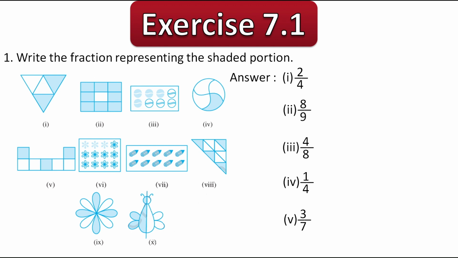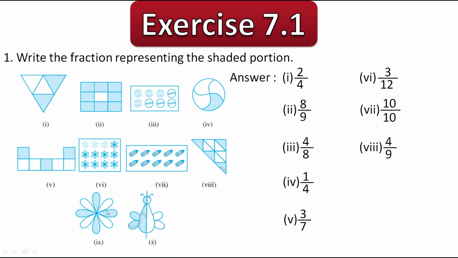So we have to write a fraction as 3 upon 12. Okay, now here there are pencils, and all the pencils are shaded. So we have to write 10 upon 10 because there are 10 pencils. Now here we have 4 parts shaded, and altogether we have 1 2 3 4 5 6 7 8 9. So the fraction will be 4 upon 9.